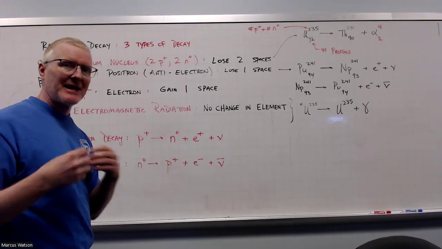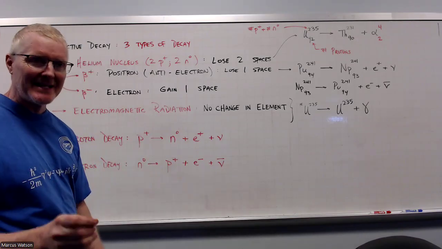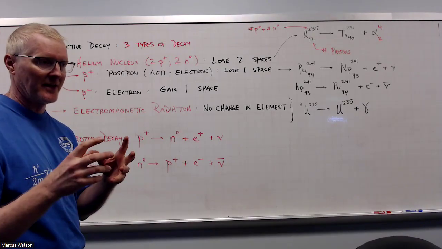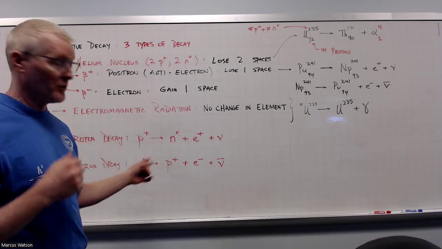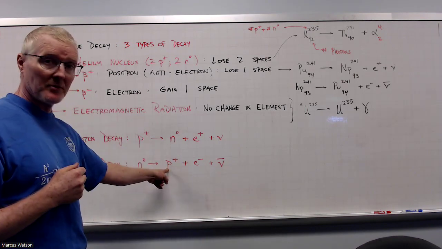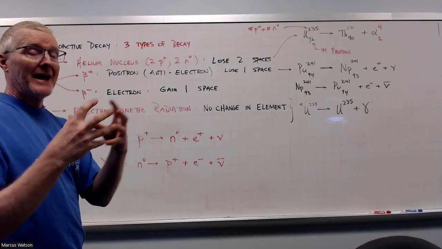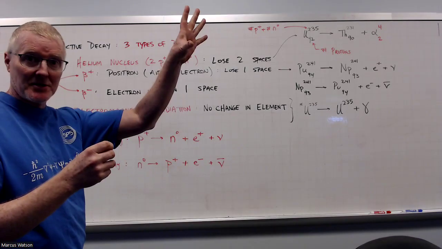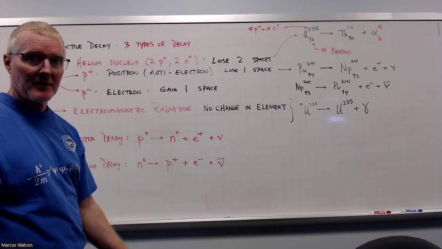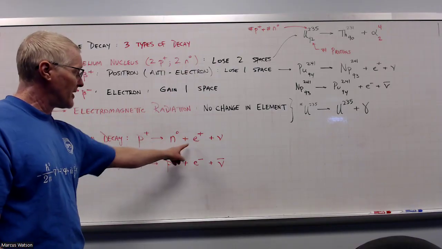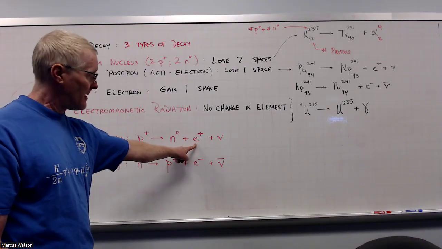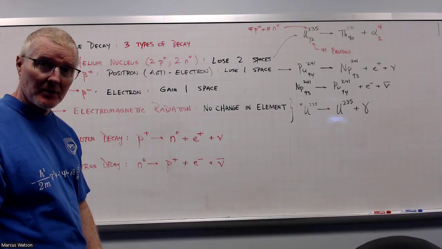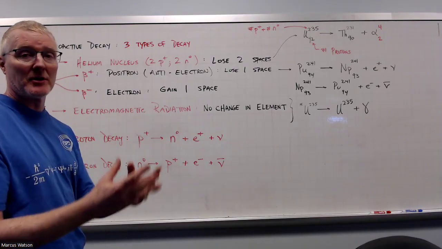The electron does not get emitted by this process. It is created and then pushed with a large amount of kinetic energy, right? There's a certain amount of energy left over when a neutron becomes a proton. That energy becomes mass energy and kinetic energy, and it gets rid of it. So same thing's going on here. It becomes mass energy and kinetic energy, okay? So that it kicks the particle away.